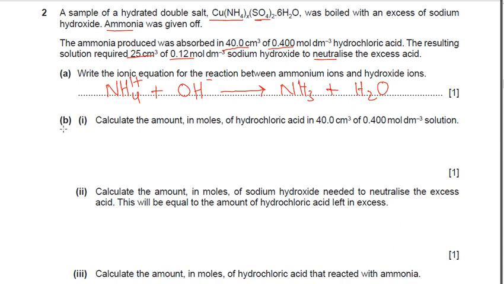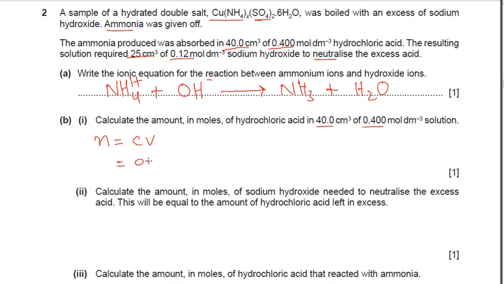Then in the next part, B1, it says calculate the amount in moles of hydrochloric acid. So all the quantities are given. Whenever we are provided with the volume and concentration, we apply the formula n = C × V, where C is concentration.